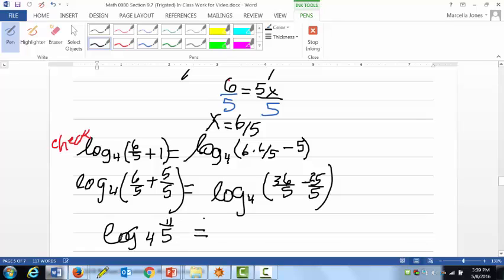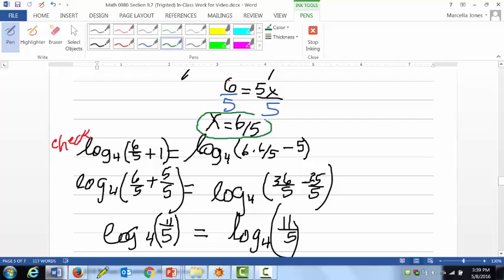And notice that does equal the base 4 log of 11/5. So that is correct. So that basically tells me I was replacing all x's with 6/5. So that tells me x equal to 6/5 really is the solution.